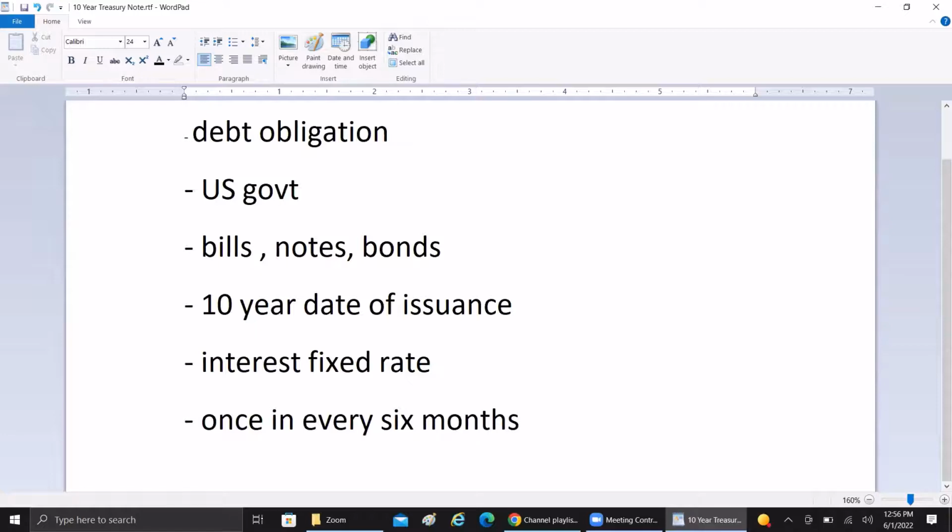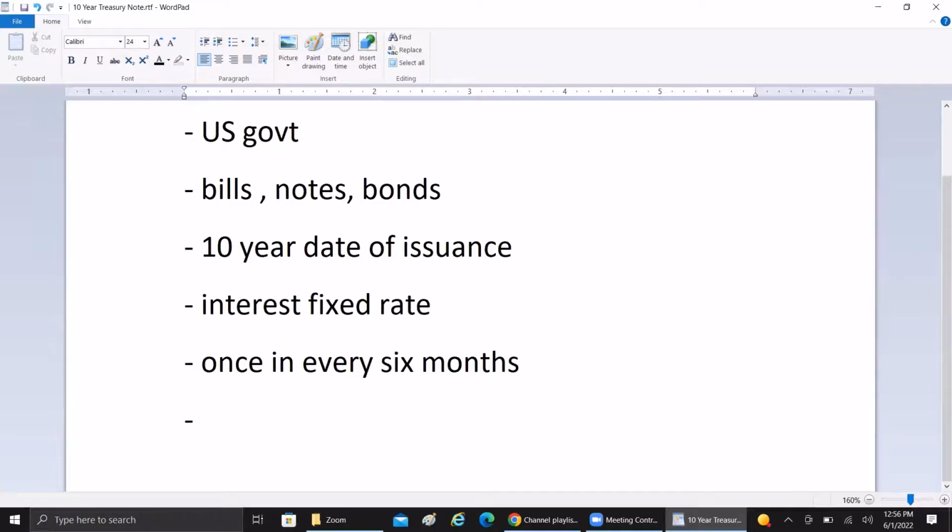The interest rate is going to be a fixed one. Upon the 10-year maturity, the face value, the original value allocated for the 10-year treasury note, will be repaid to the customer straight away. So the face value is paid back to parties on maturity.